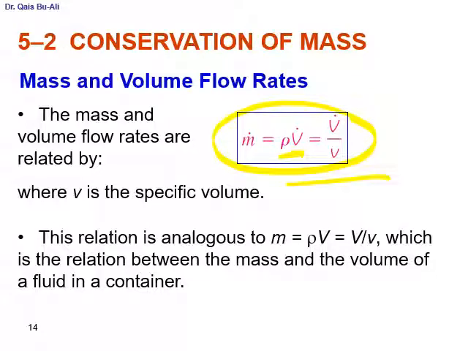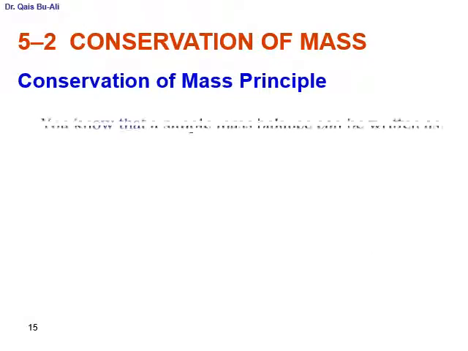Again, I want to remind you that this small v is specific volume, which is V over m, the reciprocal of the density. And also I want to put a dot here, here, and here, because those are mass flow rate and volumetric flow rate.